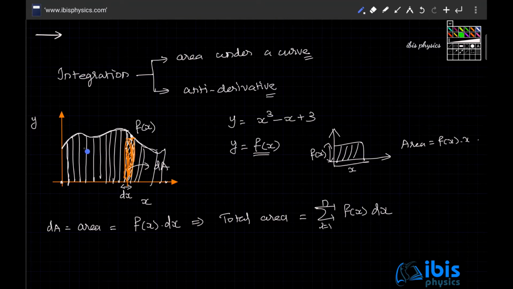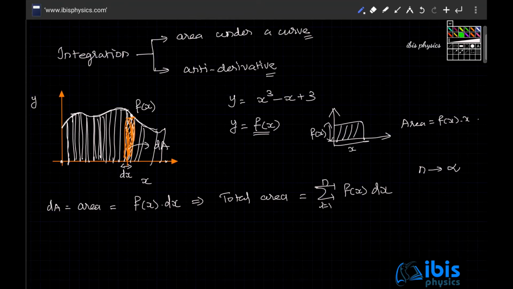But there is a trouble with this. Whenever you make a small rectangle, this is not a perfect rectangle. So if you make the number of rectangles almost infinite, when n tends to infinity, that time we bring in the notion of integration.